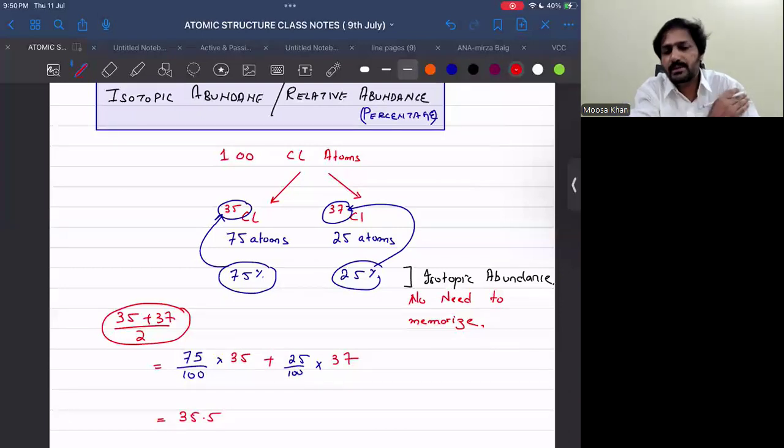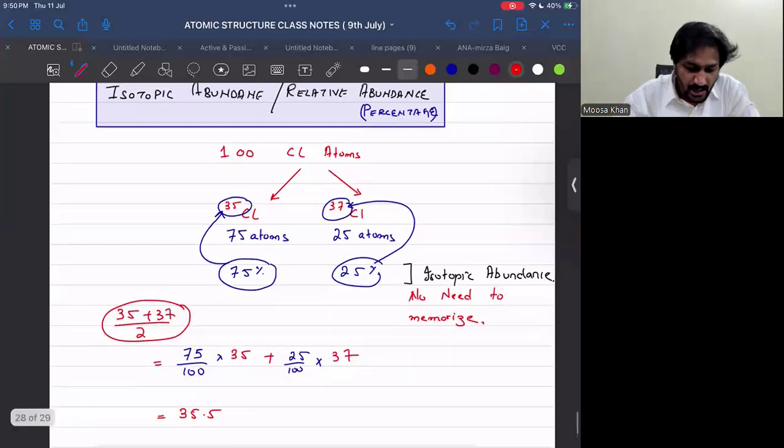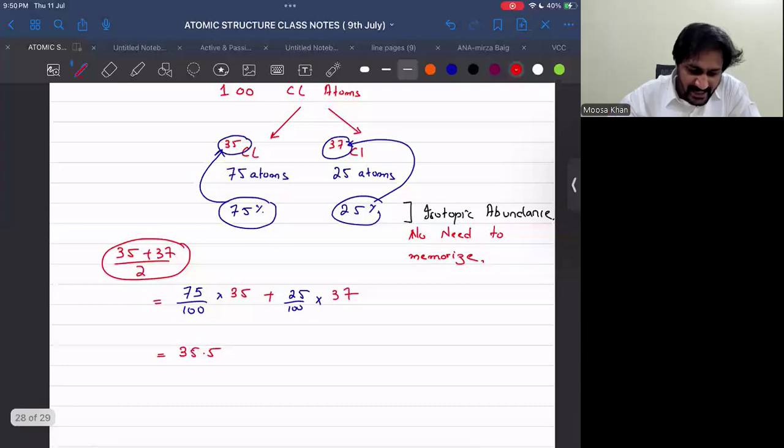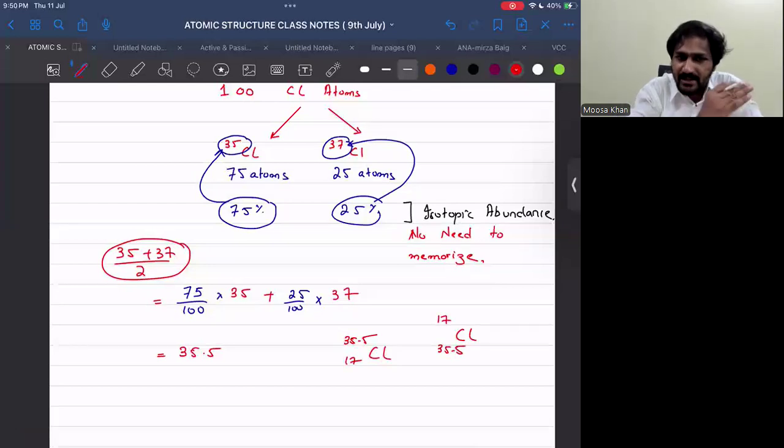This is where the decimal comes from, by taking an average. So in order to represent the chlorine element, we have to use chlorine with the mass number 35.5. Write it on top or at the bottom, it's the same thing. But the atomic number of chlorine will stay the same, that is 17. Now, is it understood?